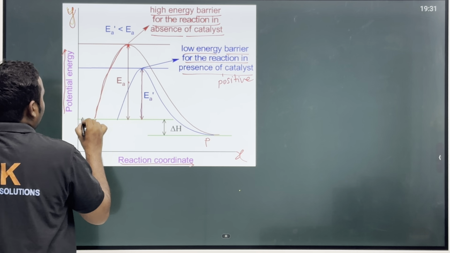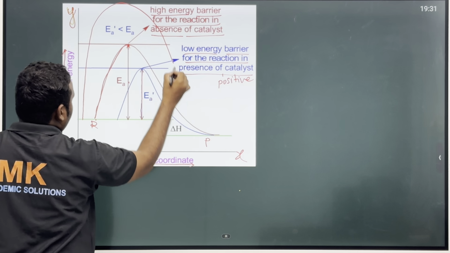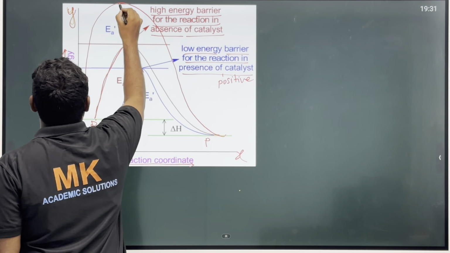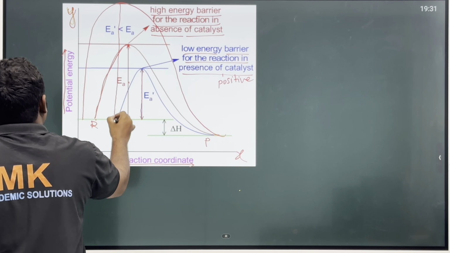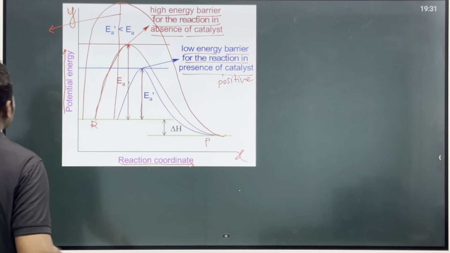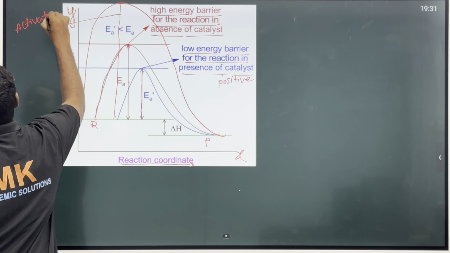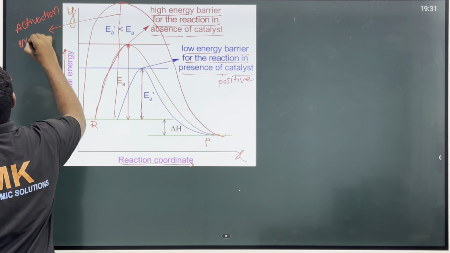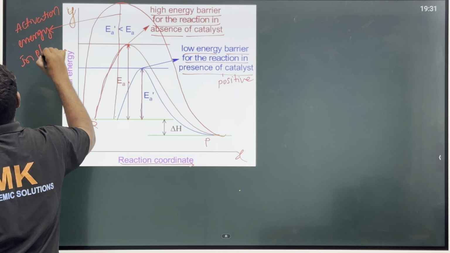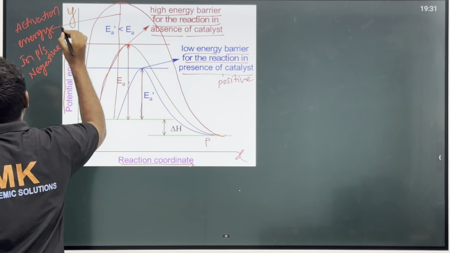Now you take one more path. You may consider it like this. This will be the activation energy in the presence of negative catalyst.